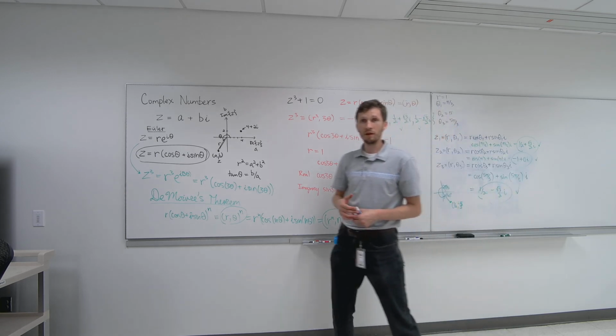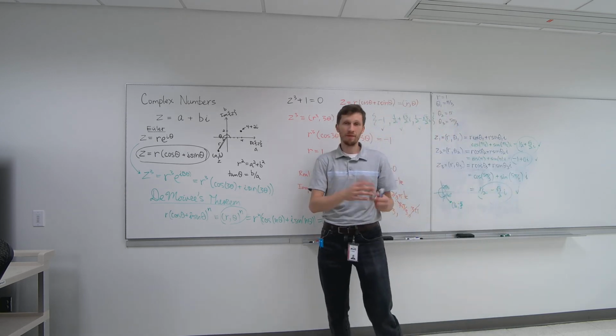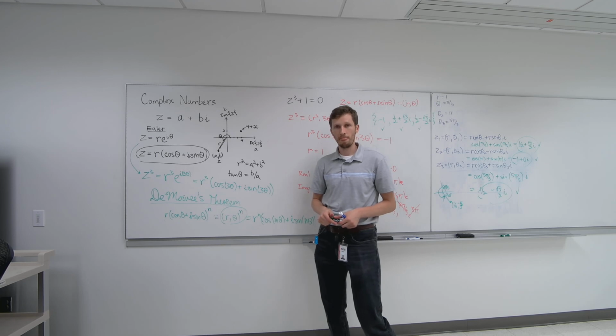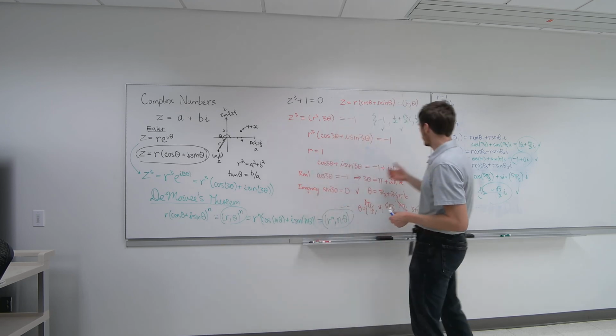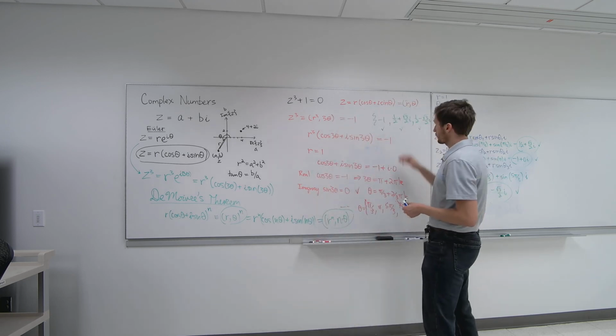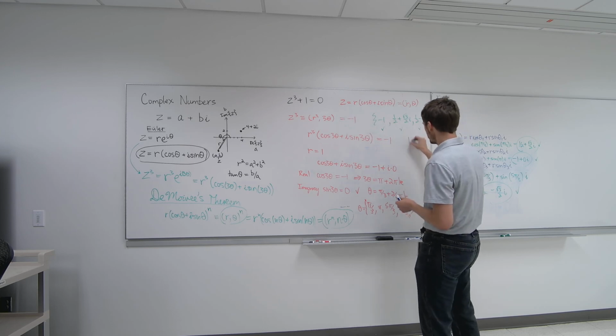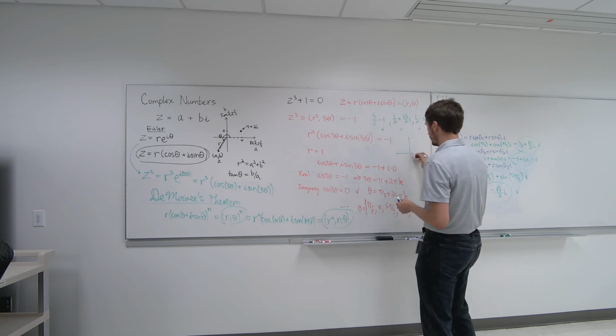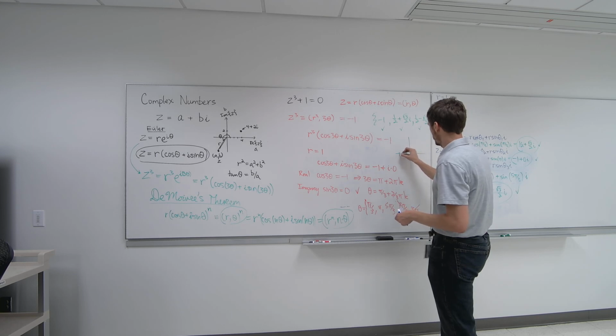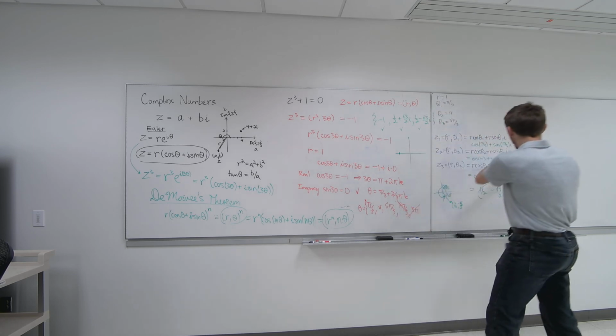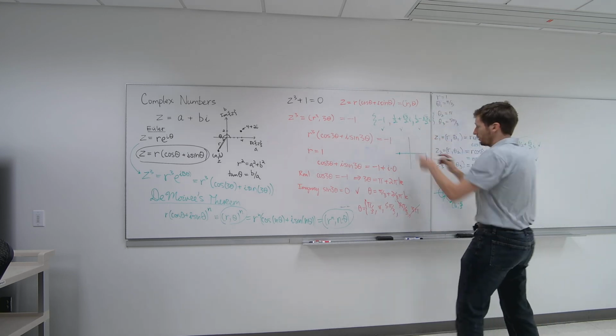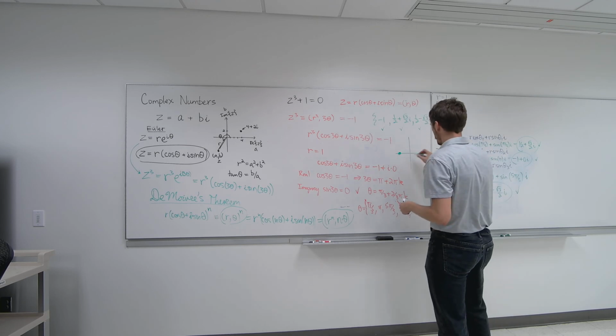But continue on and maybe try z to the 5th plus 1 is equal to 0. And one more thing is you could graph these complex numbers. Just a quick side note. If I do -1, 0, this number -1 plus 0 is right there on the real axis. It's a real number.